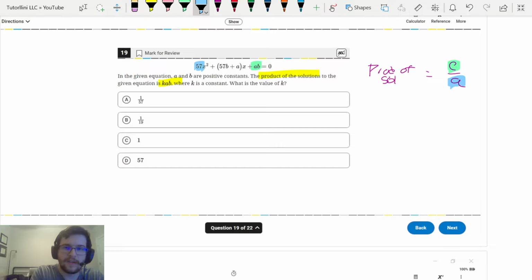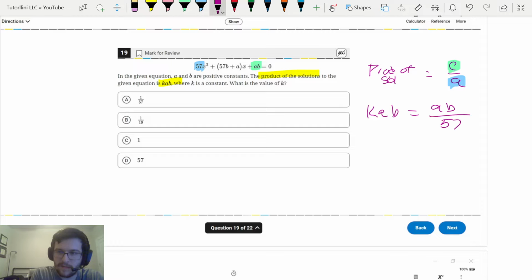So we're going to write KAB equals AB over 57. And we can actually divide both sides by AB. And they both go away.